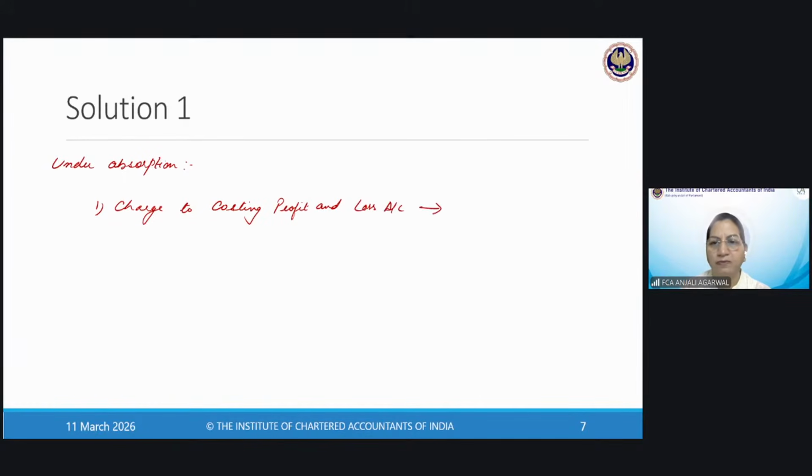This you do when there is abnormality. Second, you can create supplementary rates.